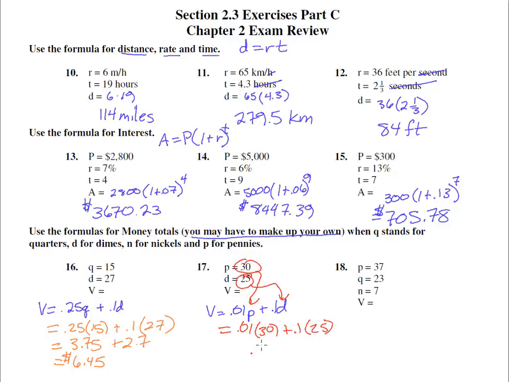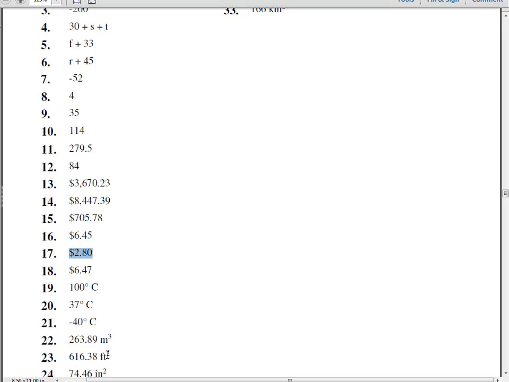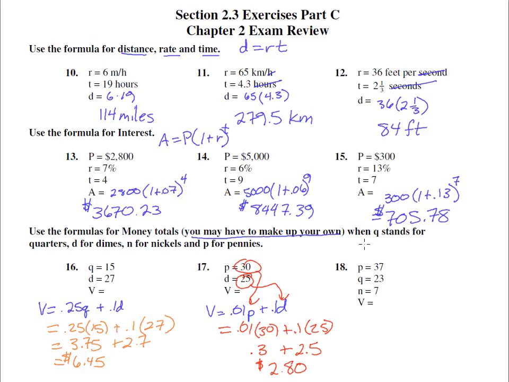So this would be 0.30 plus 2.5. Adding those together, we get 2.8, which is $2.80. Let's double check our answer. $2.80.